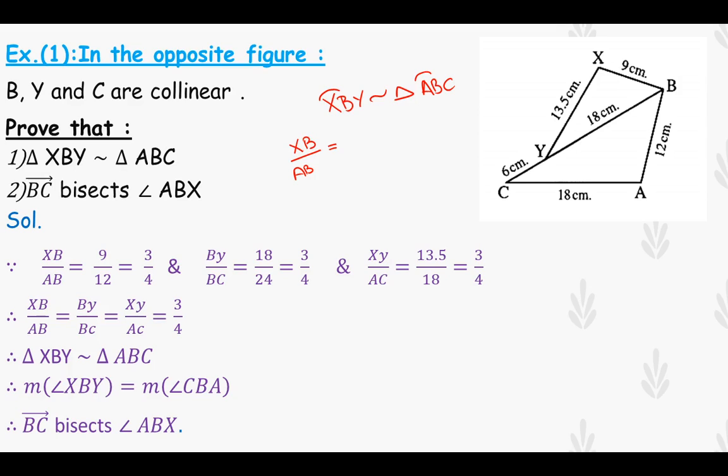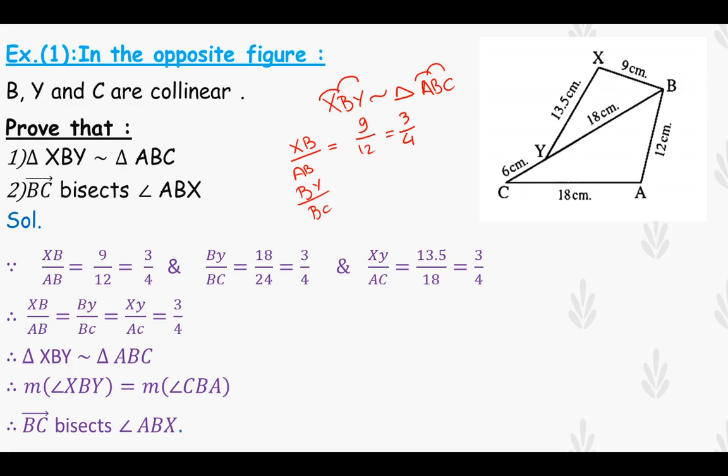XB over AB. You can see that the length of XB equals 9, the length of AB equals 12. 9 over 12, in the simplest form, is 3 over 4. So XB over AB equals 3 over 4. Okay? So we are going to find BY over BC.